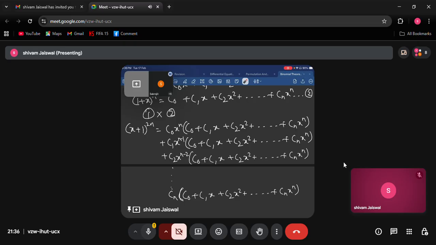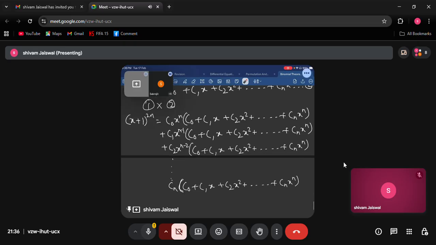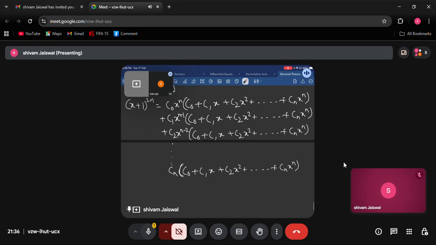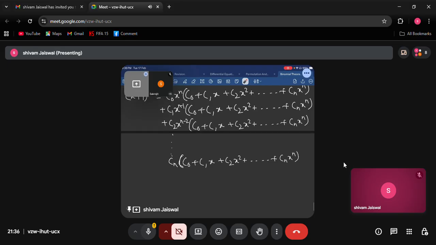What is the power of x? X to the power n. Exactly. So x to the power n, right? So the coefficient of x to the power n in x plus 1 whole to the power 2n is equal to 2n Cn.